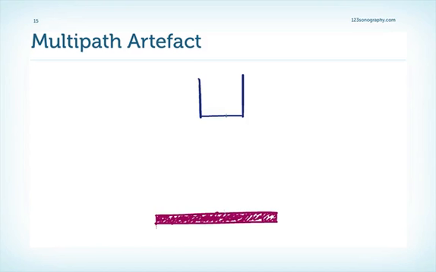Now I would like to show you what the so-called multipath artifact is. This is our transducer, and from this transducer we have an ultrasound ray which hits a boundary. From this boundary we have a reflection normally back to the transducer. This is the normal situation.